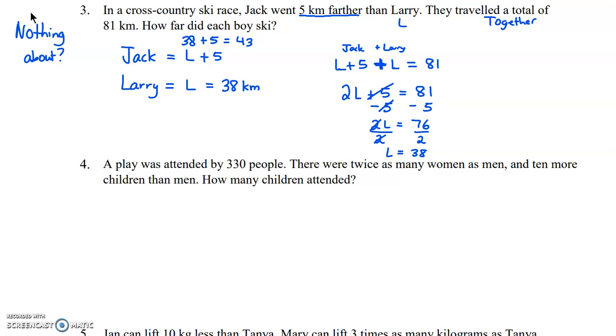And that's kilometers as well. If we want to check, we can add them together. Jack was 43, Larry was 38. 43 plus 38 is equal to 81 kilometers. We know that we've solved correctly.